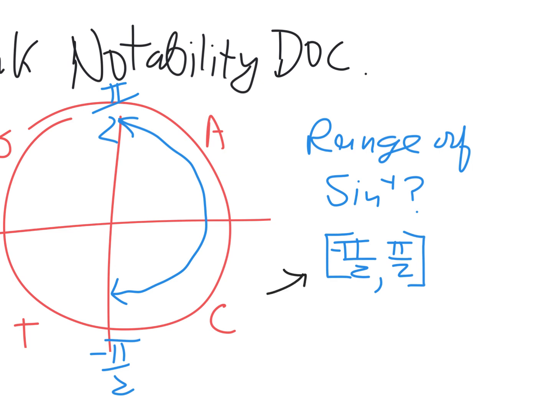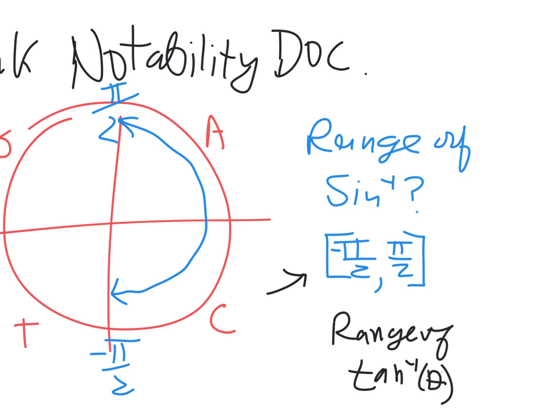All right, how is inverse tangent different? It's very similar, but would you please write out what is the range of inverse tan? I'm gonna make it theta here, just because x can now be confused with a variable, of course.